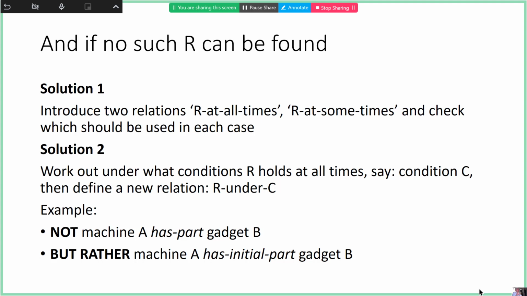And we need to keep track of data about machines using the ontology in such a way that we keep track of data about machine parts. Okay.